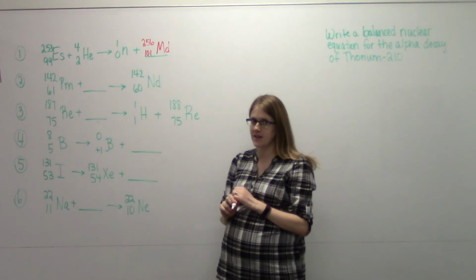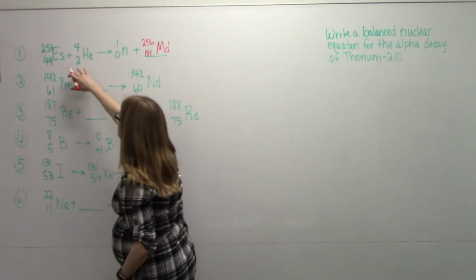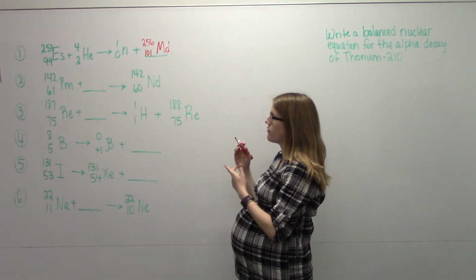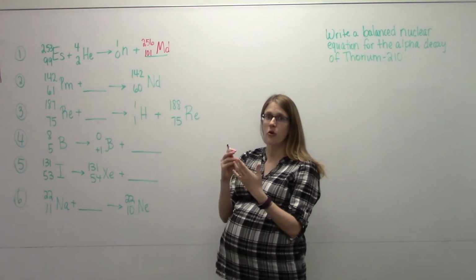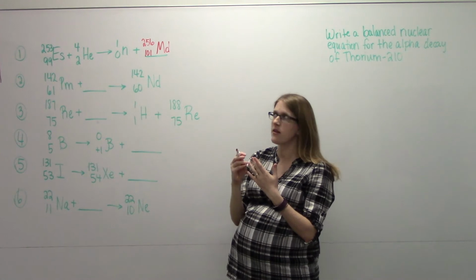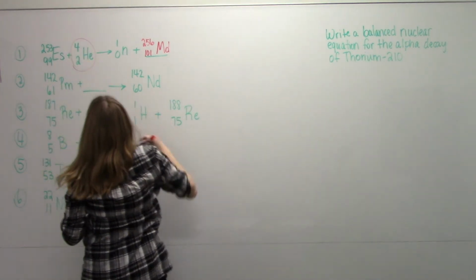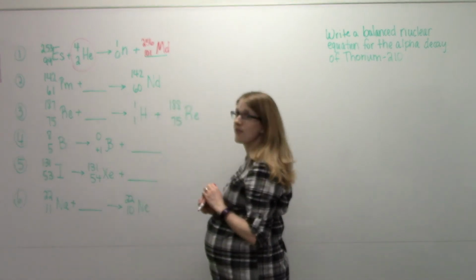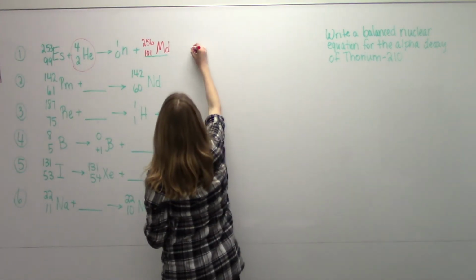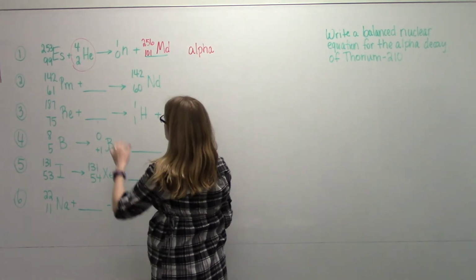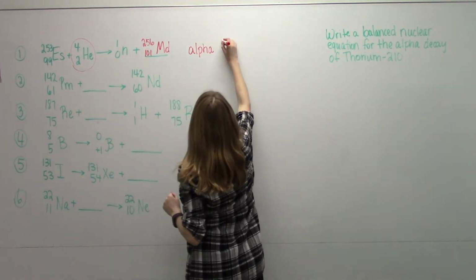Now let's talk about how to identify reaction types. You've got to find your special particles. We're looking for alpha, we're looking for beta, or sometimes gamma. And we're seeing here, right there, there's our alpha particle. Now your reaction types always need to have two words. Alpha, and then what is actually happening. If alpha is found as a reactant, we call it bombardment.